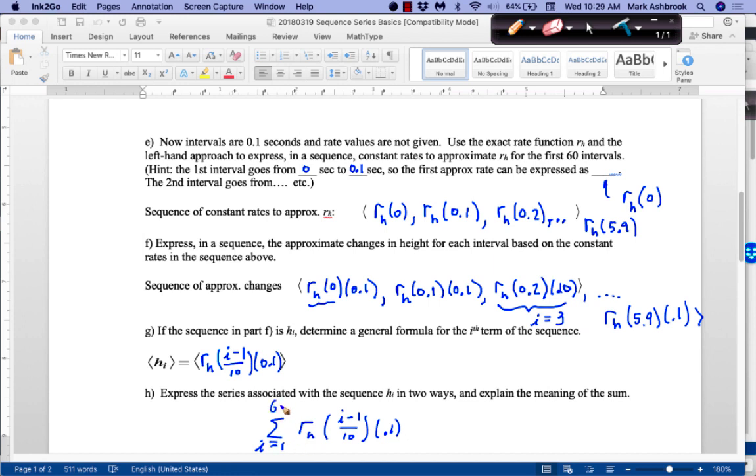Finite sum. Finite series. Other question? Yeah. Oh, the meaning. So the meaning would be the net accumulation of changes in height for the first 6 seconds. Is that what you thought?